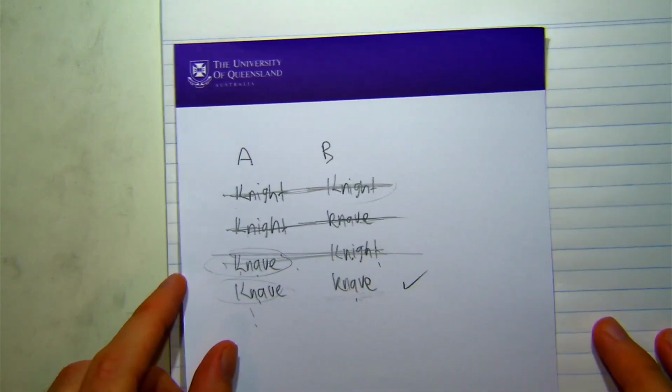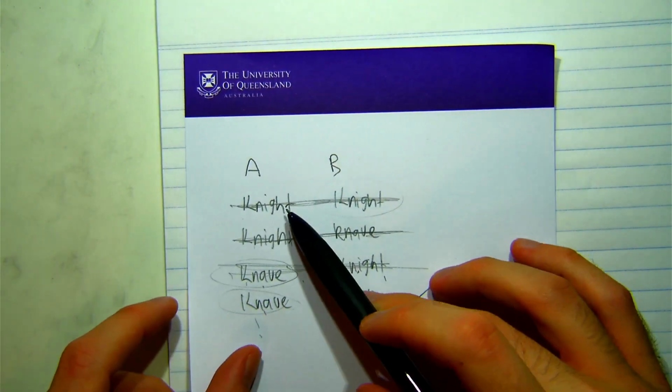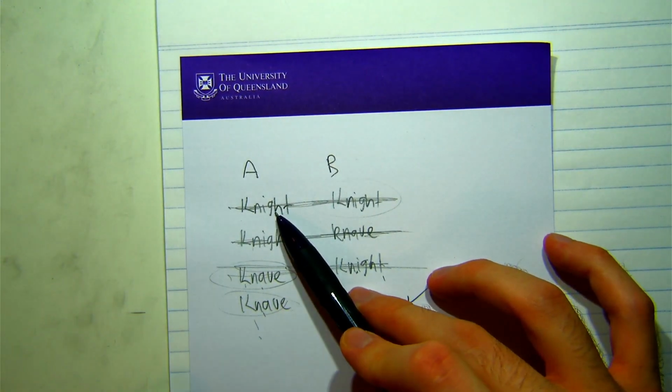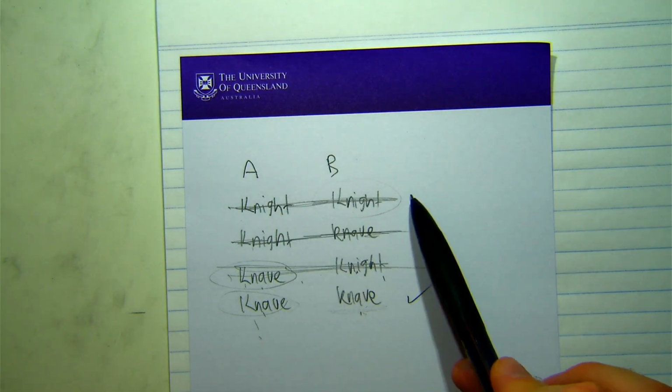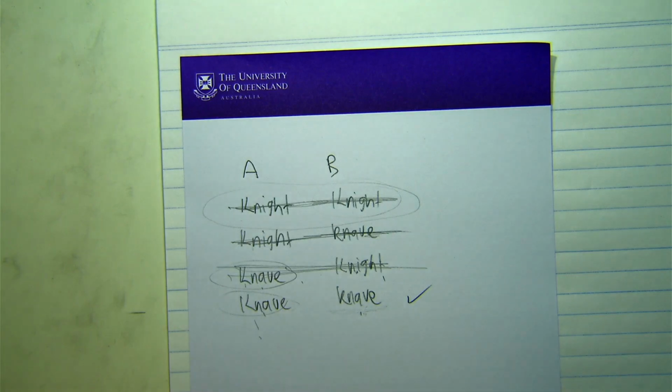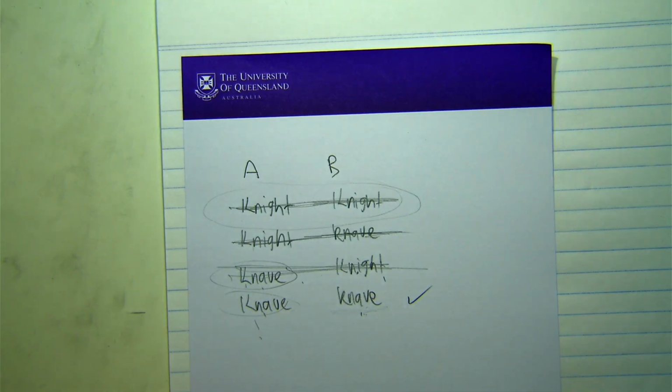Okay, so a lot of what we were doing there was actually assuming something was happening. For example, assuming that A was a knight, and then logically moving forwards from that assumption to show that there was a contradiction and that it's impossible that that was happening, and therefore A could not be a knight.